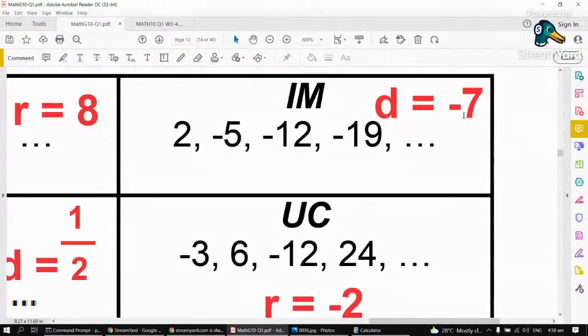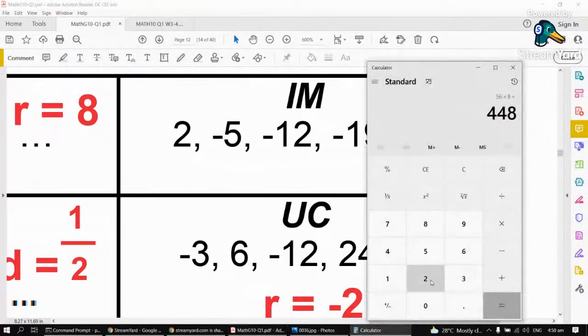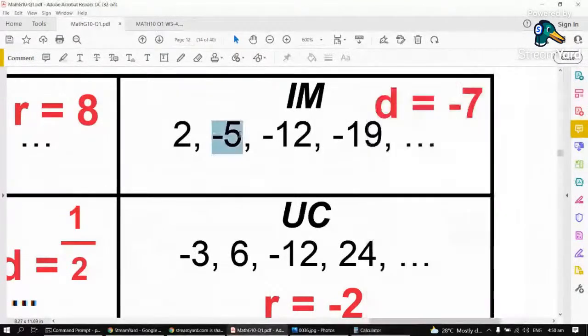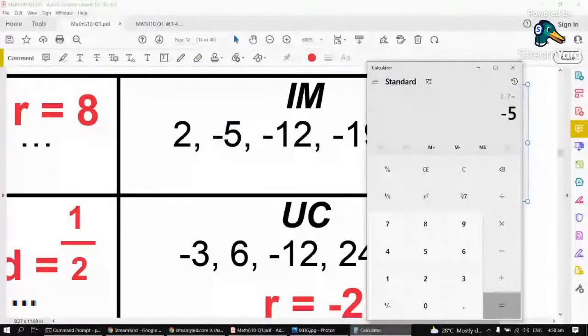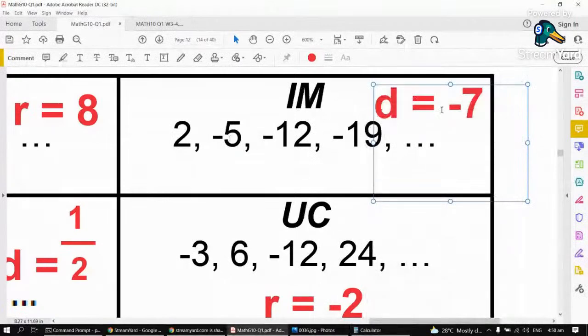So, nagma-minus lang tayo ng 7. So, yung 2, pag binawasan natin ng 7, is negative 5. Negative 5 minus 7, since pareho silang minus, minus plus minus is minus, and then 5 plus 7 is 12.